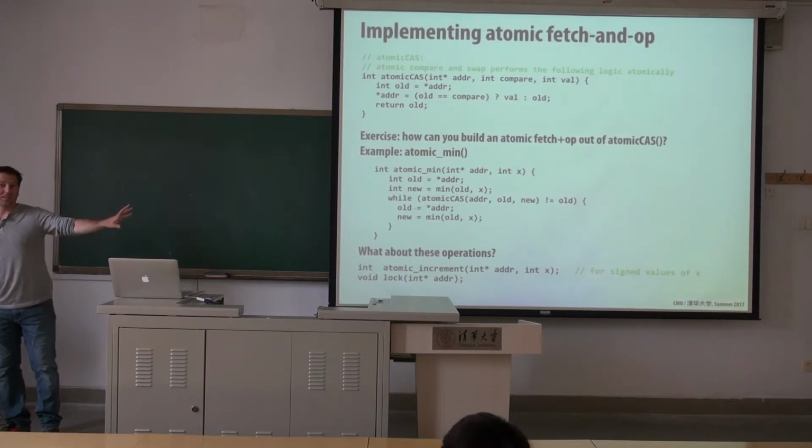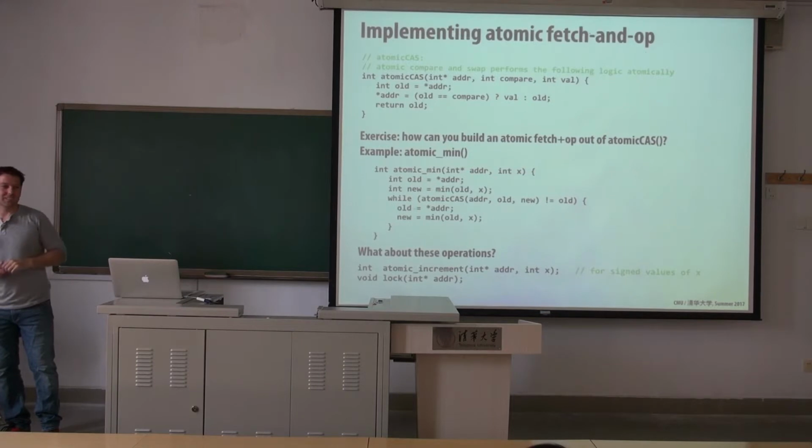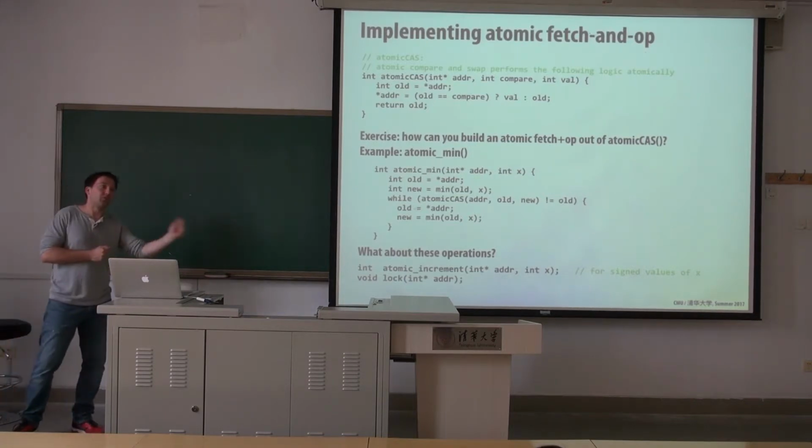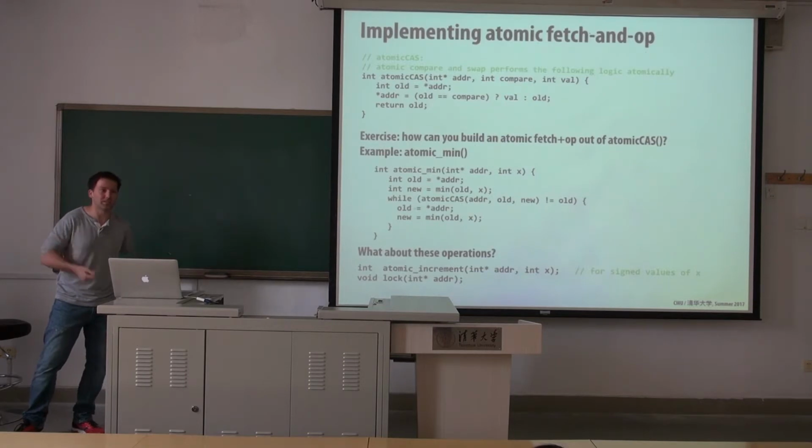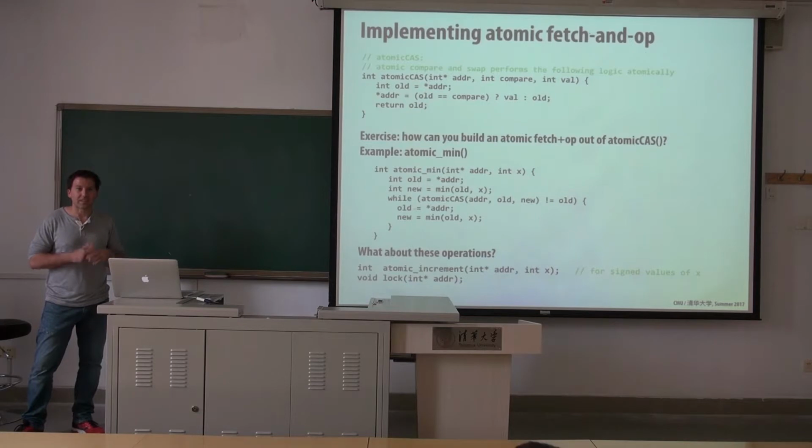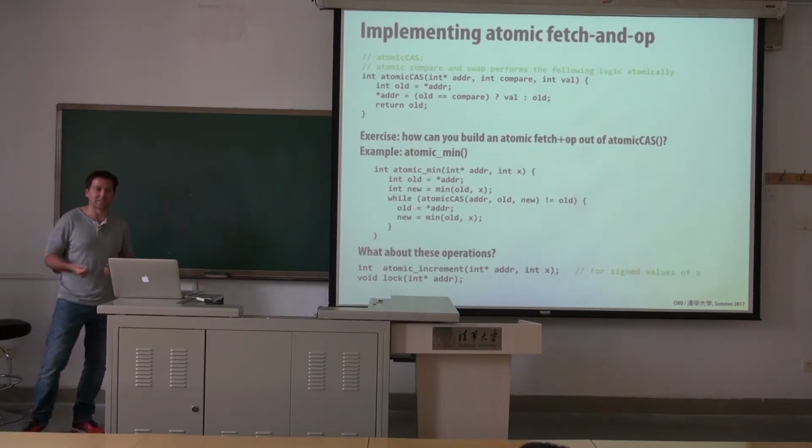I'm assuming that if the value hasn't changed, then nobody else modified anything. Therefore, if I go ahead and write, it's as if things were atomic, because I know nobody else has tried to call atomic min. That's the philosophy of how I designed this.